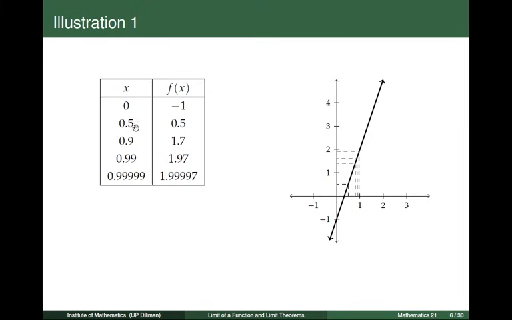And so here, continuing plotting these values, we see that as x tends to 1 from the left side, the functional values tend to 2. So the functional value gets closer and closer to 2, as you can see in the graph.